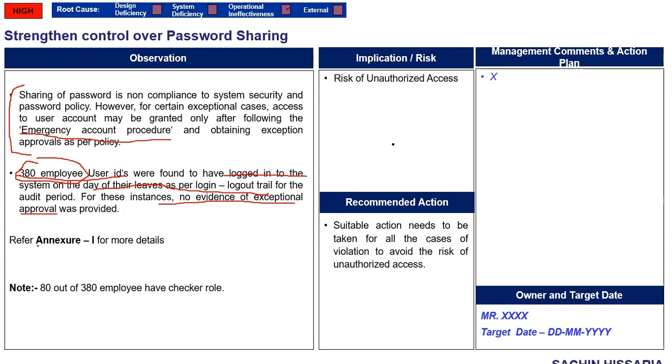Now in annexure 1, I have given certain more details. Guys, whenever you find any observation, it is very necessary to build up on that observation. You have to give all the facts to the management so that you can present that observation with all the details.